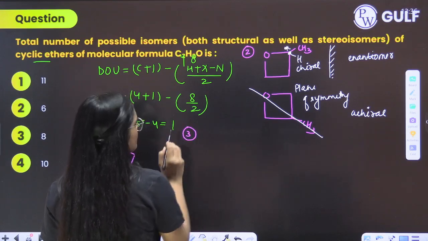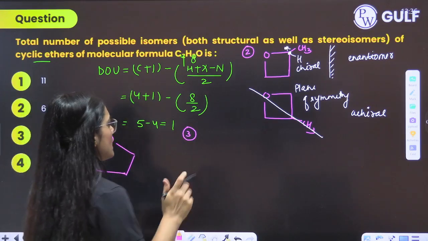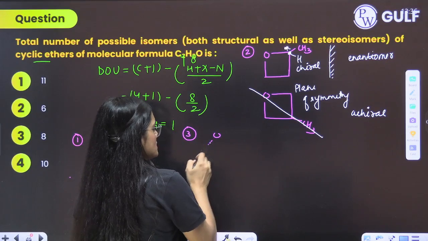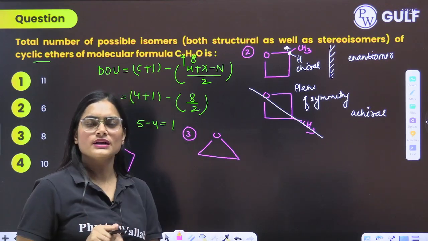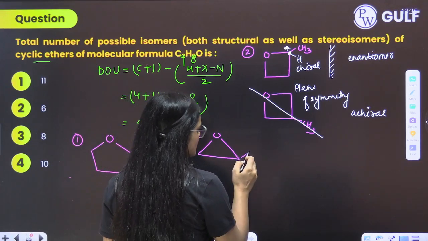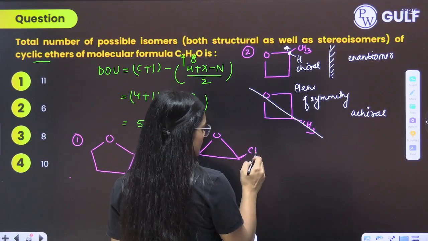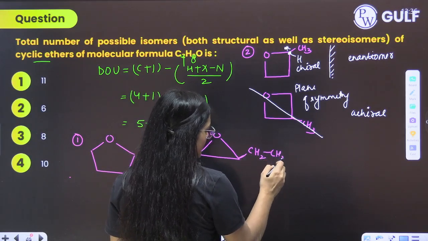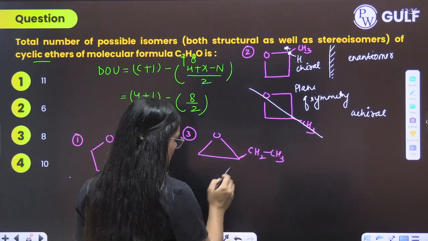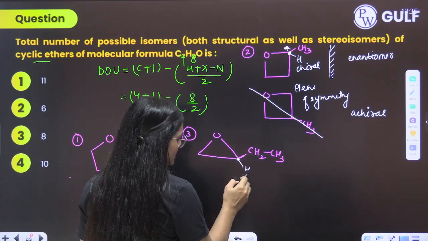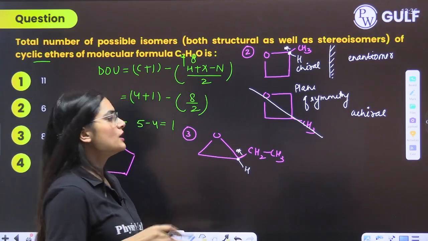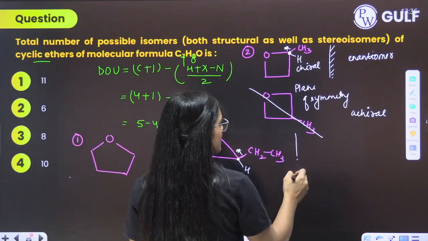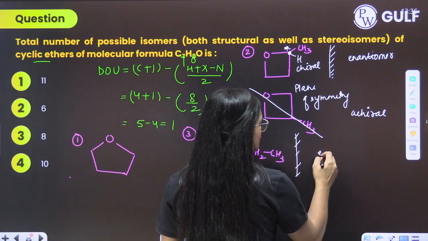If I start with the 3-membered ring, this is your oxygen and these are your 2 carbon atoms. Now 2 carbon atoms are remaining. One possibility is that I am attaching CH2CH3 here. Now this carbon is chiral, because different groups are attached to it. Because this is chiral, I can put a mirror and draw its enantiomer.